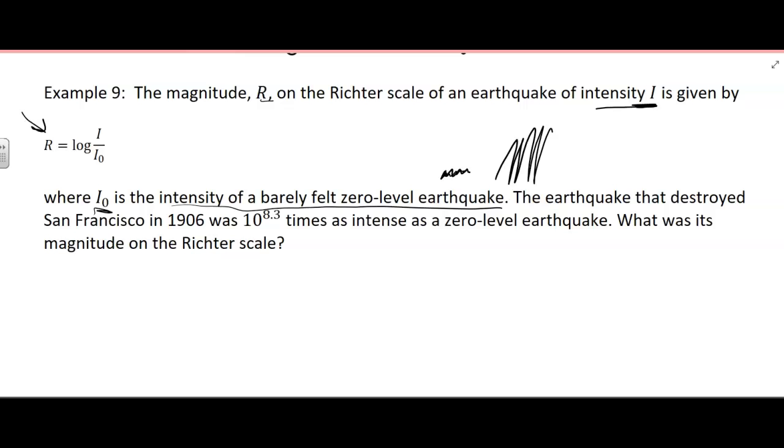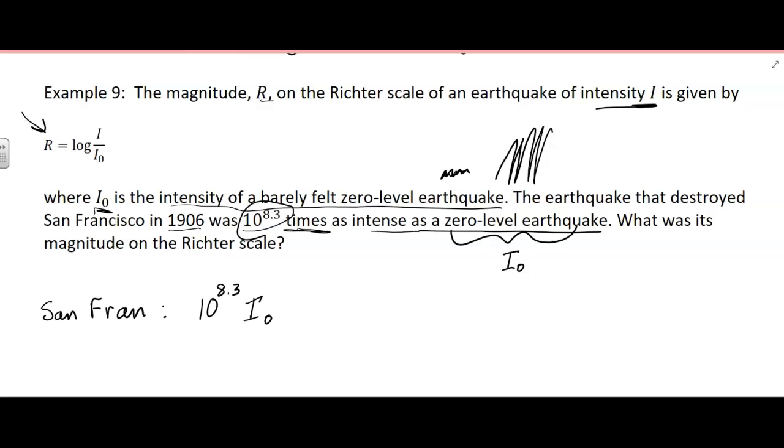The earthquake that destroyed San Francisco in 1906 was 10 to the 8.3 times as intense as a zero level earthquake. A zero level earthquake is I naught. So the San Francisco one was 10 to the 8.3 times I naught.